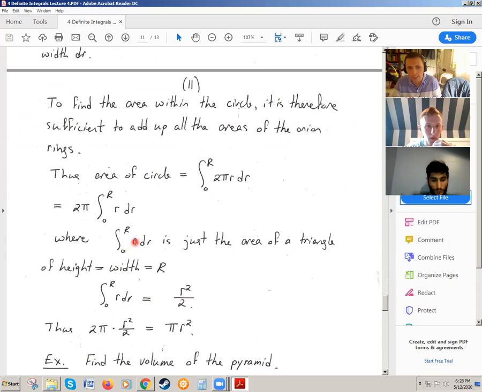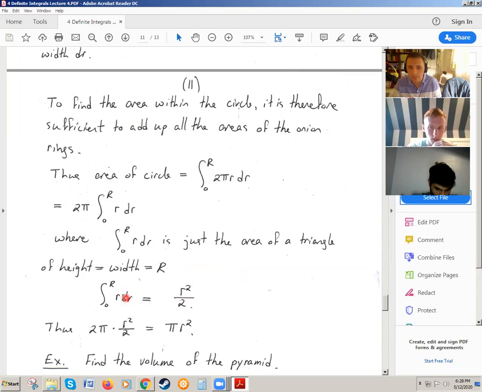We know that the integral from 0 to R of r, I can use Riemann sums, let's say right-hand Riemann sums. And I will get that this equals, I accidentally switched from capital R to little r, capital R squared over 2, times 2 pi will be pi R squared.